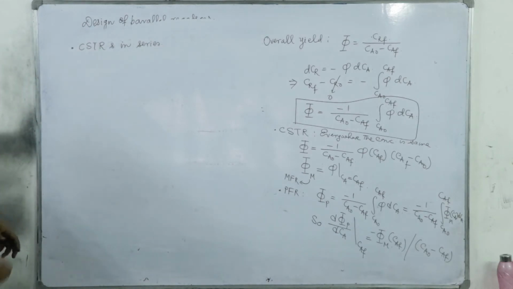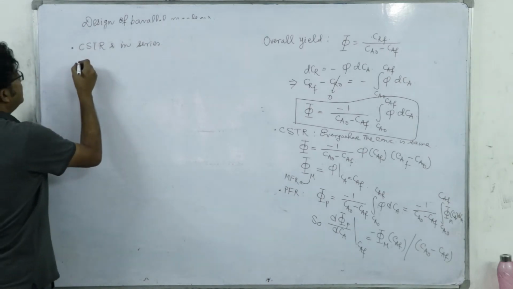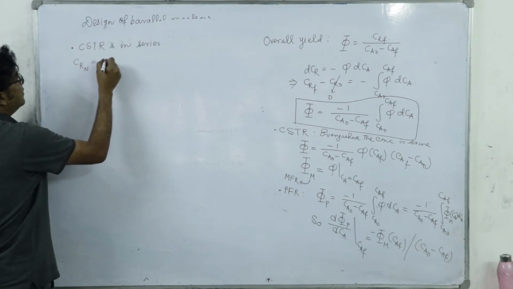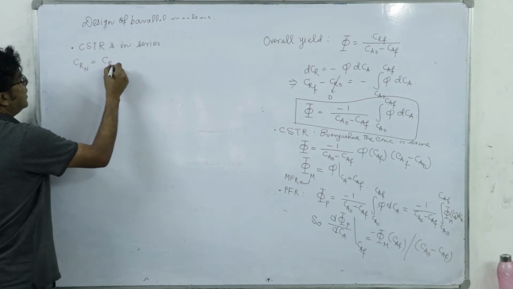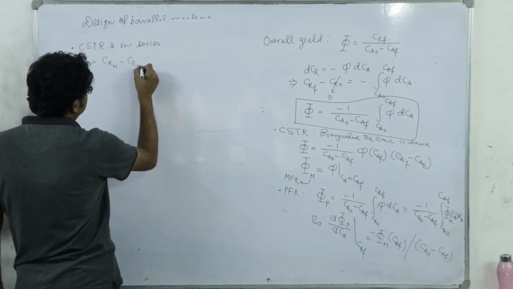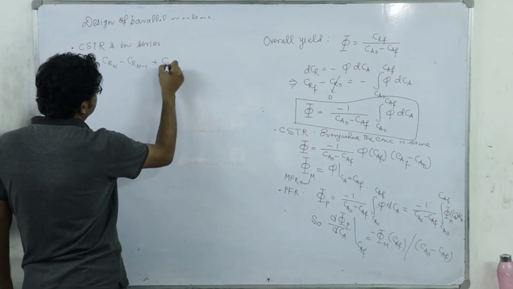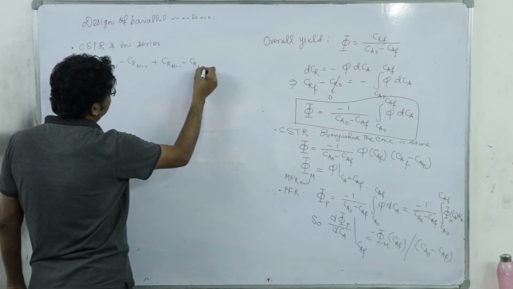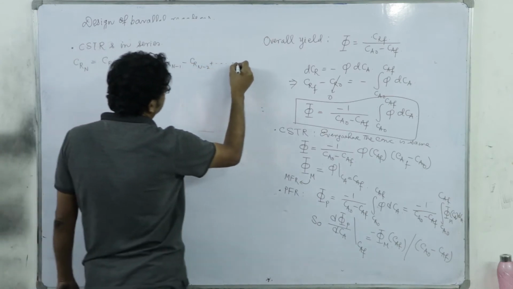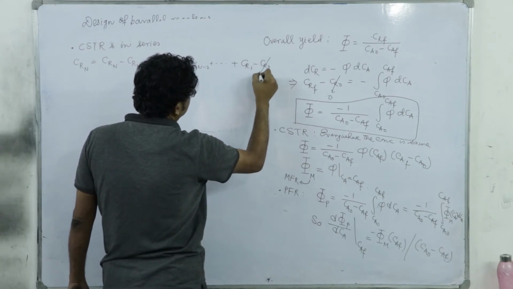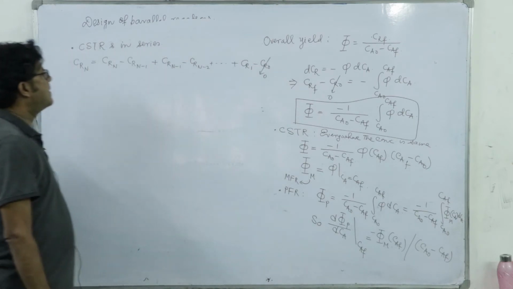So, here Crn, the final, will be equal to Crn minus Crn minus 1 plus Crn minus 1 minus Crn minus 2 and finally Cr1 minus Cr0, which is basically 0.